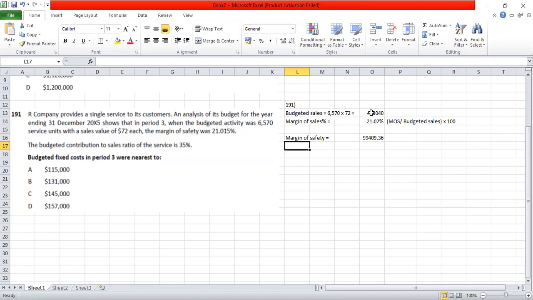Once margin of safety is known, can we find out break-even sales? Another formula for margin of safety is budgeted sales minus break-even sales.